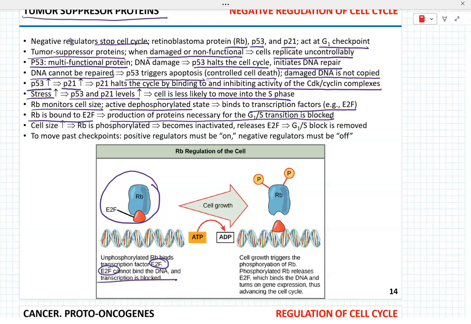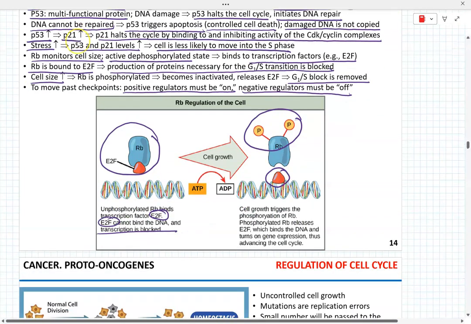When cell size increases, the retinoblastoma protein is phosphorylated. Phosphorylation inactivates it, which means it doesn't bind the E2F transcription factor anymore. The block on the transition from G1 to S is removed. So in brief, for the cell to move past checkpoints, the positive regulators of the cycle must be on, while the negative regulators must be off.